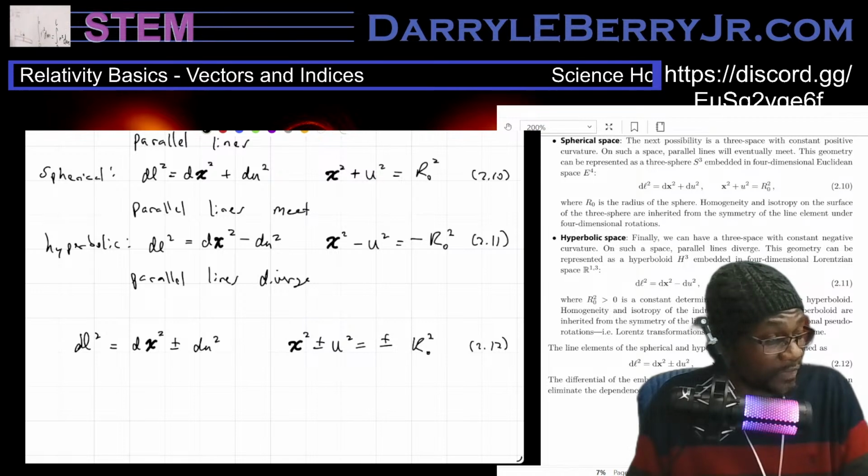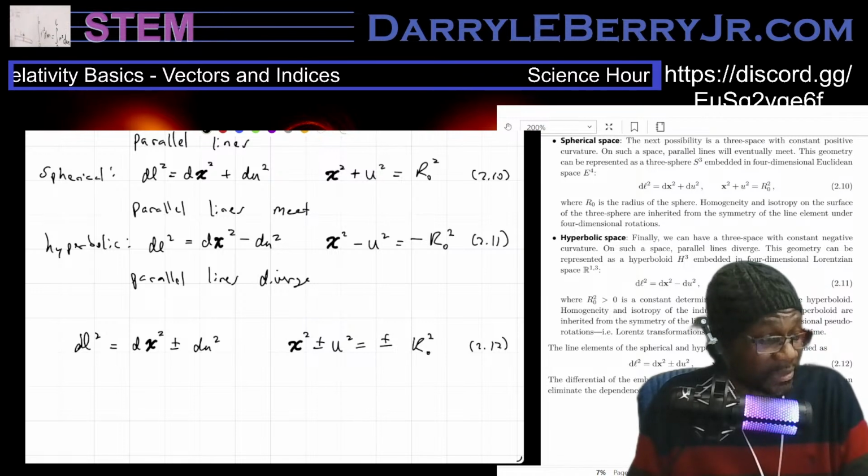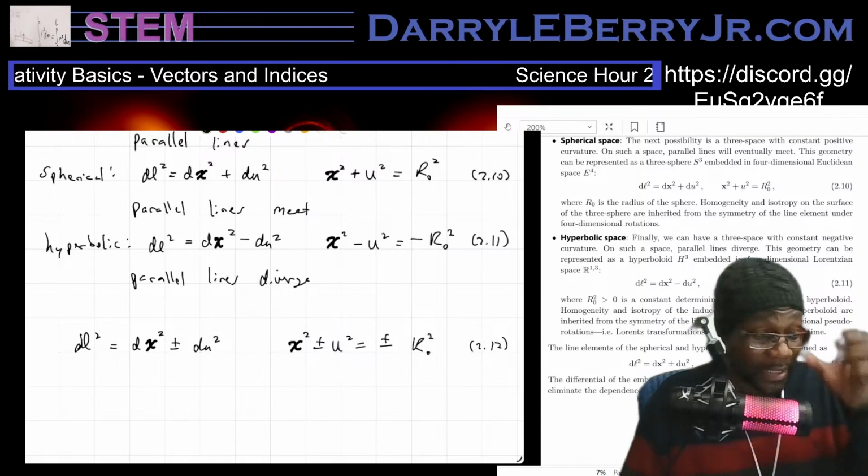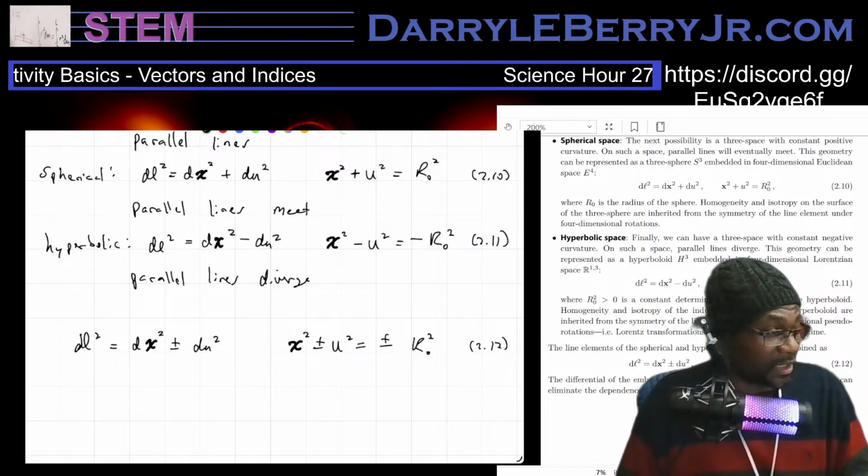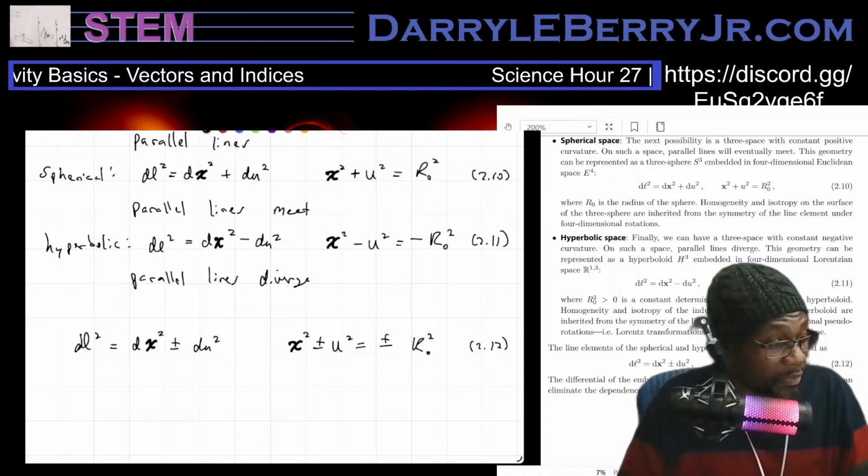The differential of the embedding condition gives u du equals minus-plus x dot dx, so that we can eliminate the dependence on the auxiliary coordinate u from the line element.